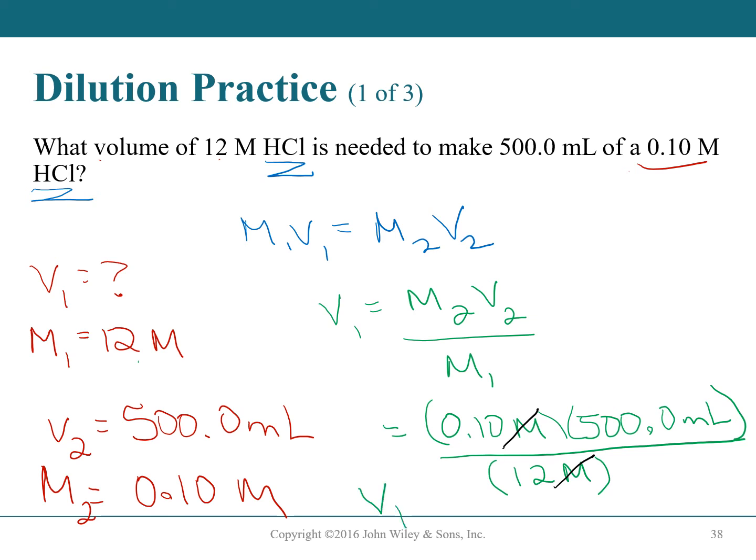So V1 is equal to 0.1 times 500 divided by 12. We get, with 2 sig figs, 4.2 milliliters of my 12 molar hydrochloric acid solution.